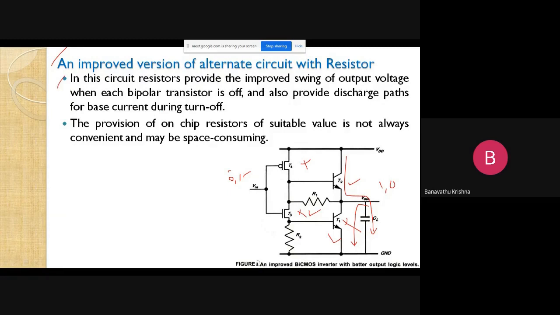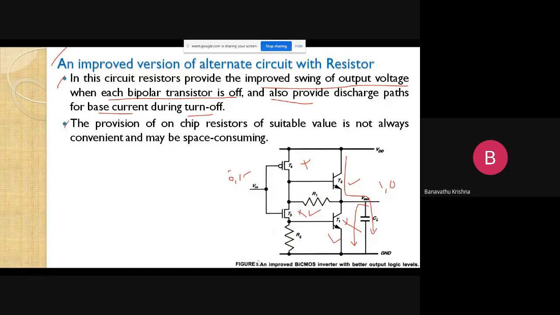In this circuit, resistors provide the improved swing output voltage when each bipolar transistor is turned off. Okay, transistor off, and they also provide a discharge path for the base current during turn off. Here some of the voltage swing will be protected by using resistor R1.